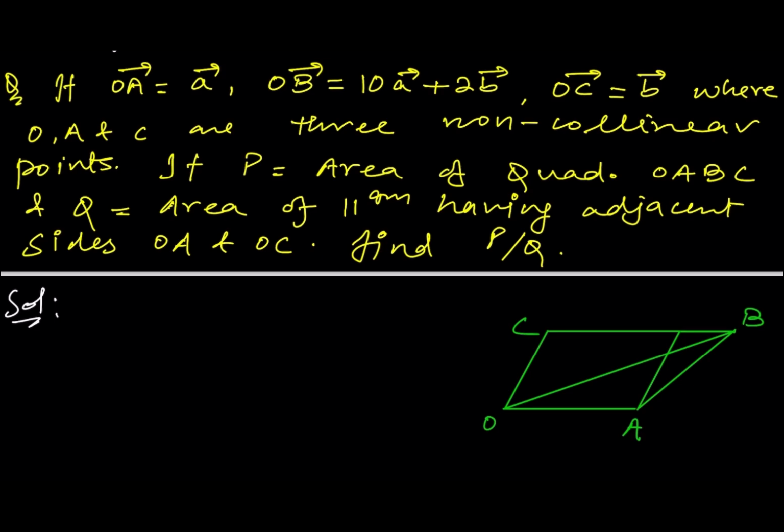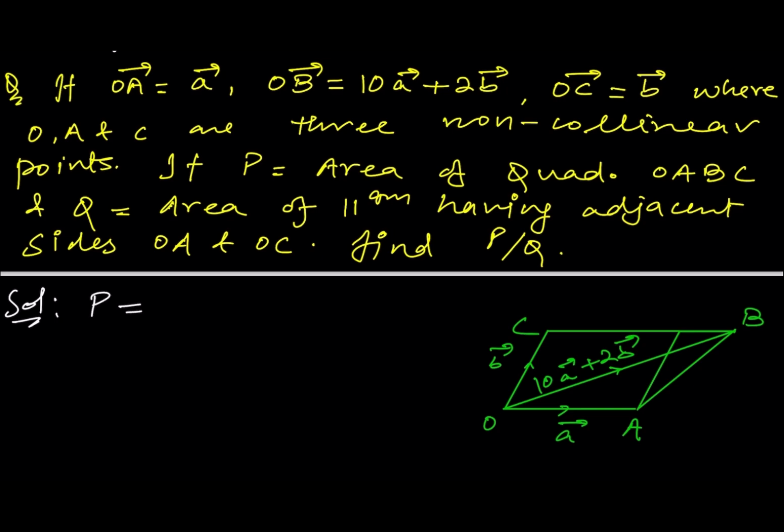Now OA is given as vector A, OB is tan A plus 2B vector, right? This is the OB vector, and OC is the B vector. Now for area, write P first.